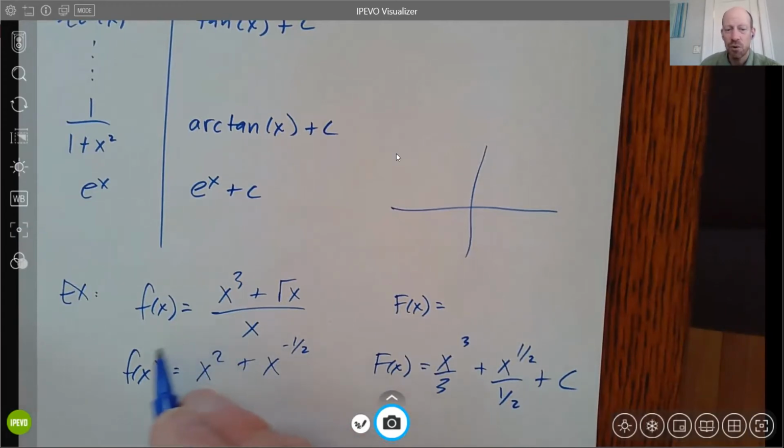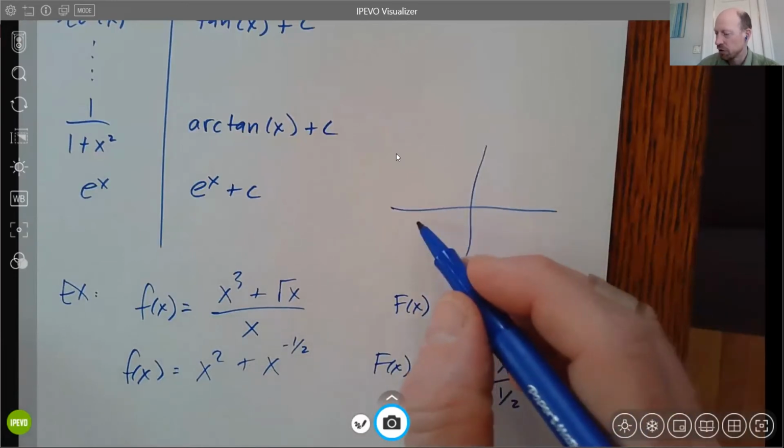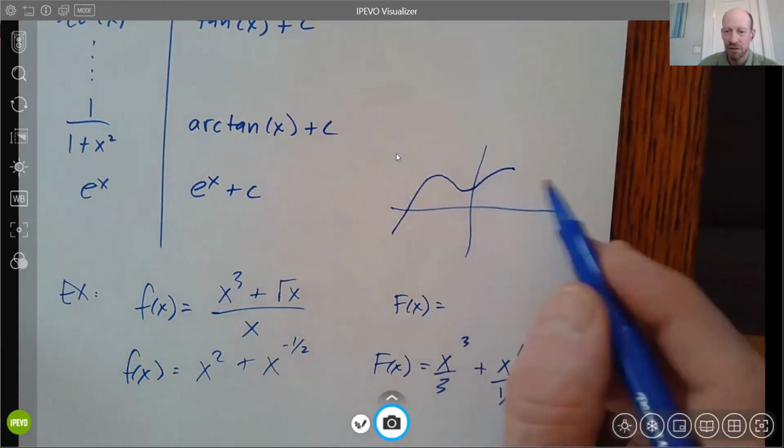So I know what the function looks like. I know where it's increasing and decreasing, and where it's concave up and concave down. I haven't calculated those, but I can find all of that theoretically from the derivative. I don't really know what it looks like here, and it's not even defined for negative values.